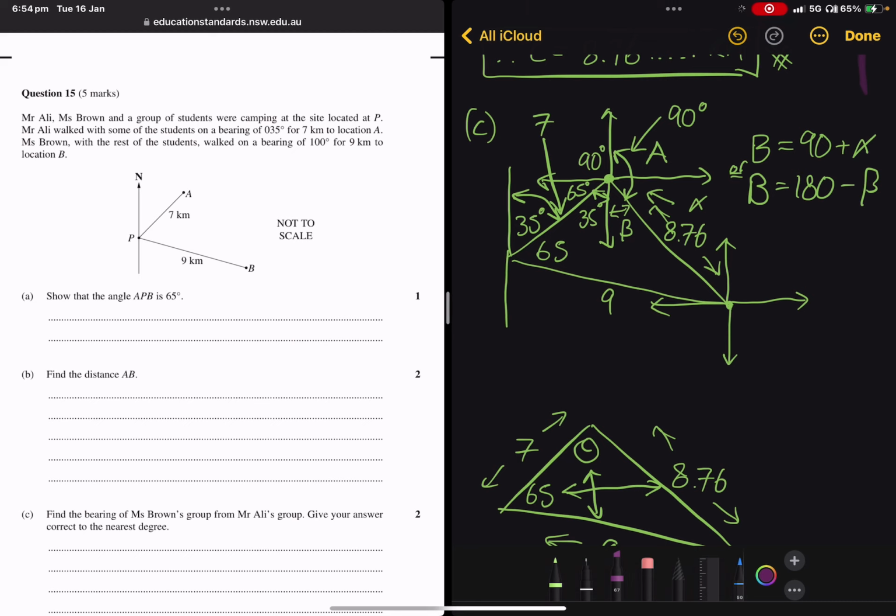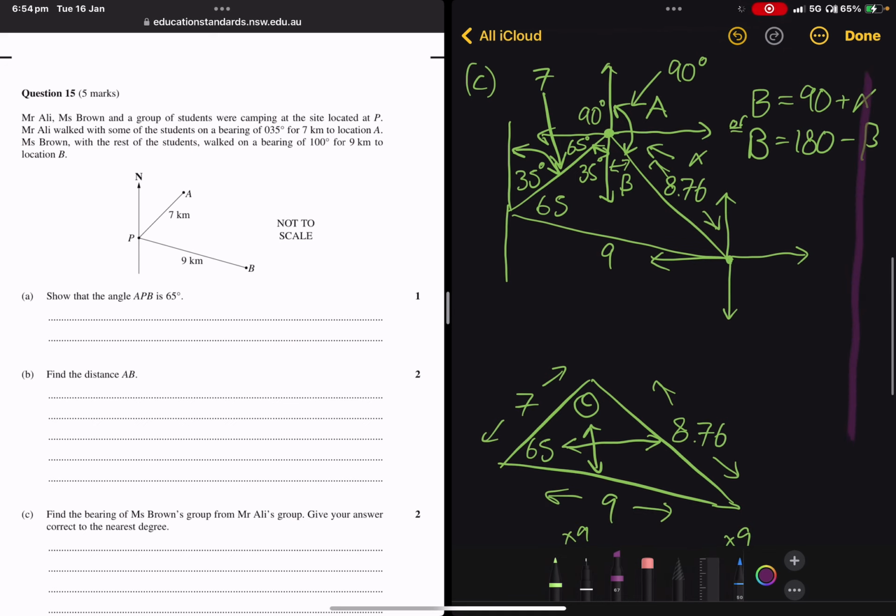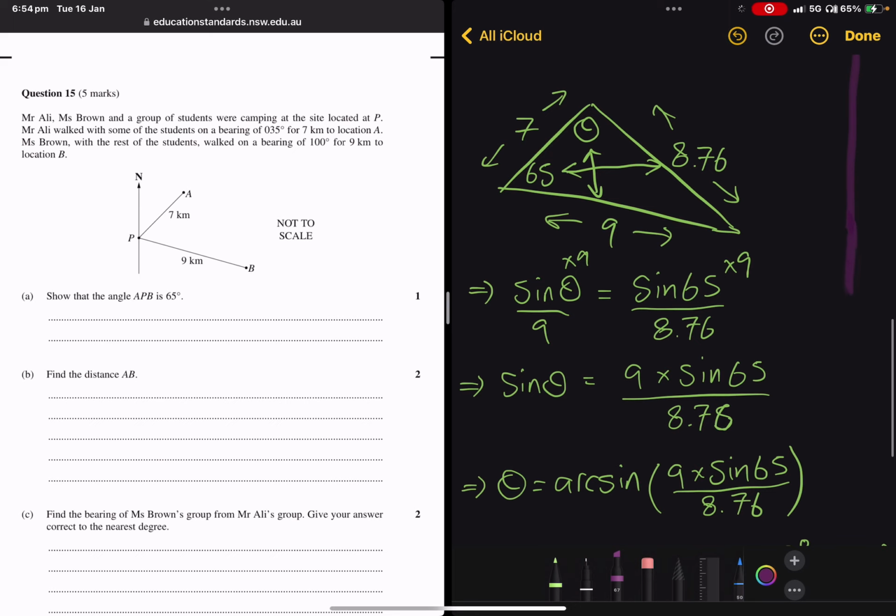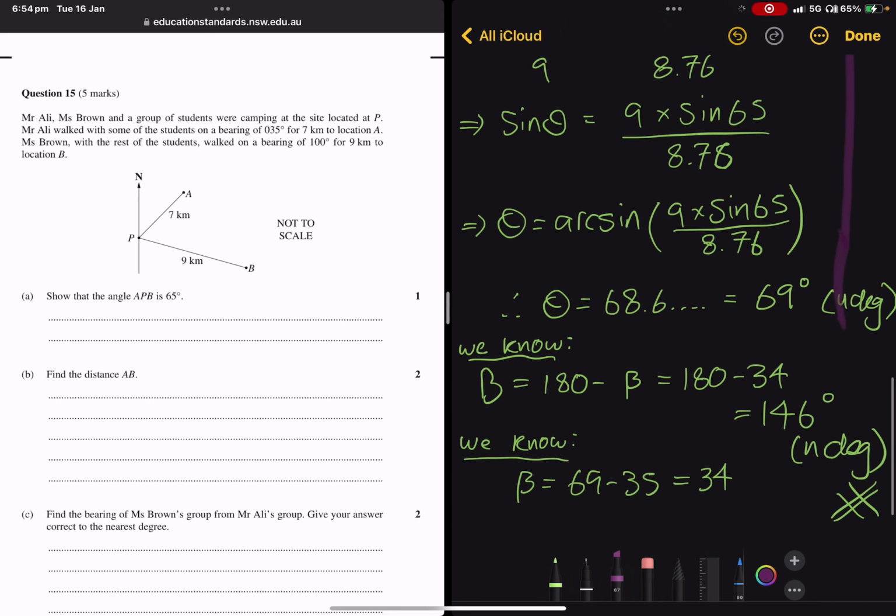The markers in the marking centre will specify very strictly what exactly that means. But if you have good working that's getting you reasonably close to having a bearing, it's likely to get you 1 mark. In this case, there's actually quite a lot of this here. This would take us all the way down to doing the arc sine pretty much, because we'd have to get this angle. And then the second mark will be for providing the correct solution.